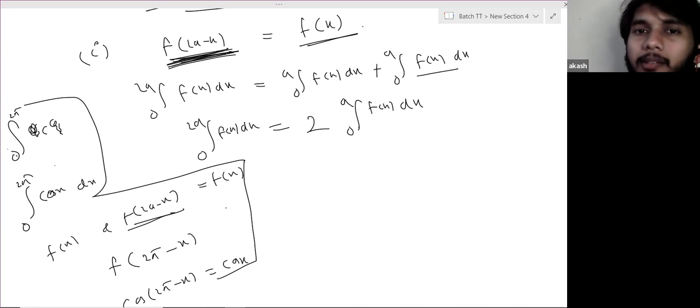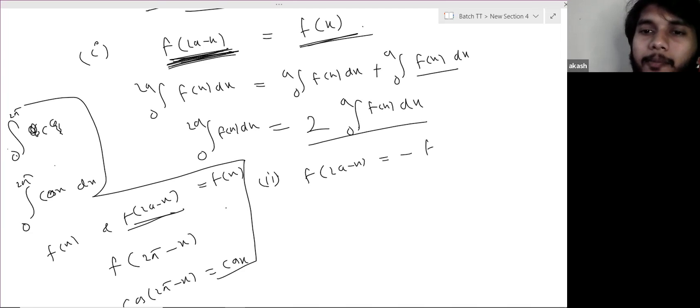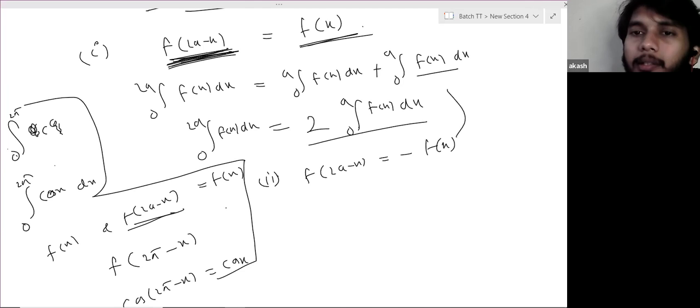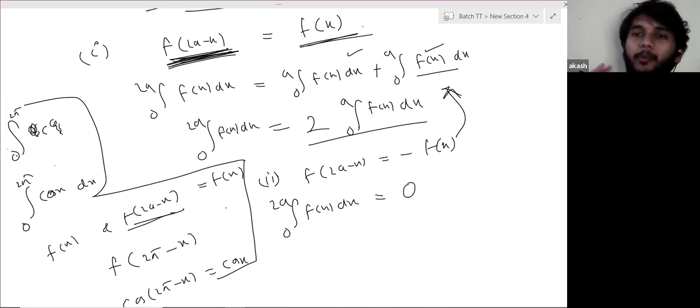If it becomes f of x, then directly write this. In the second note, if f of 2a minus x becomes minus of f of x, then if I put this value here, this term and this term will be cancelled out. Integral 0 to 2a f of x dx will become 0. You can use this property directly.